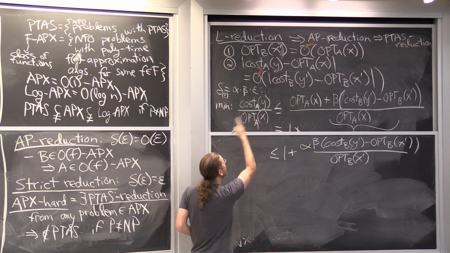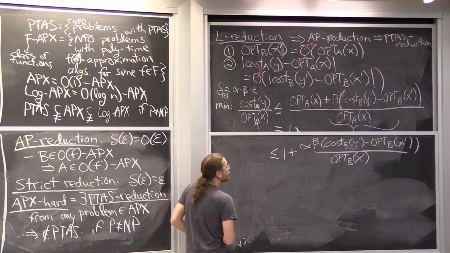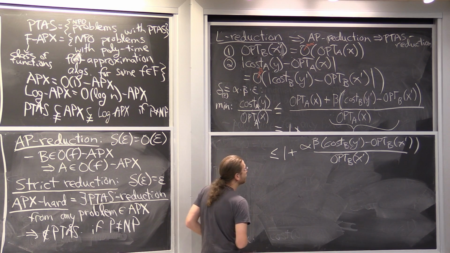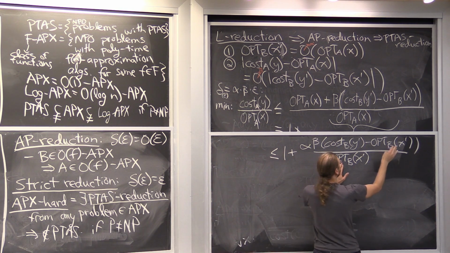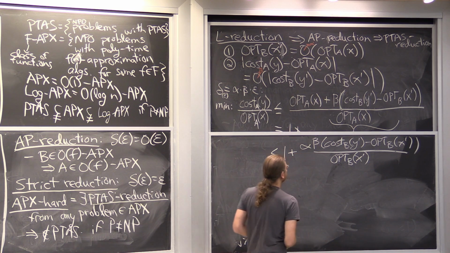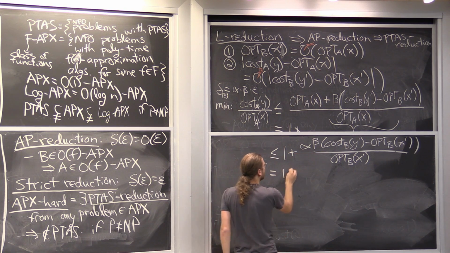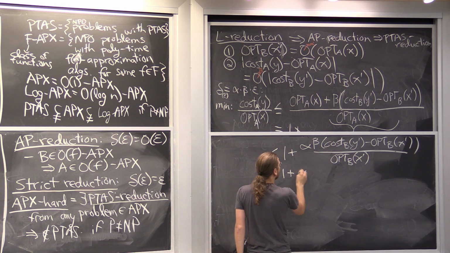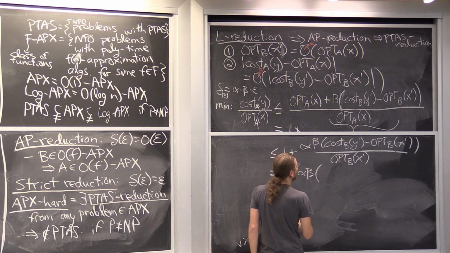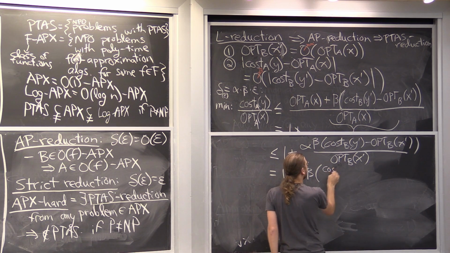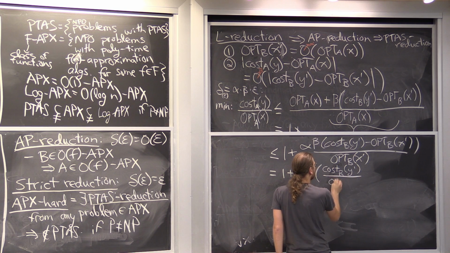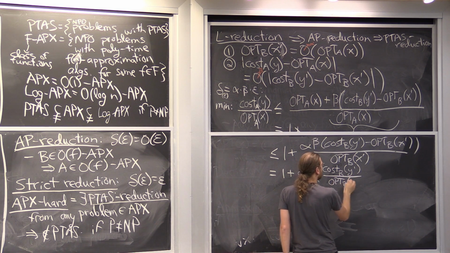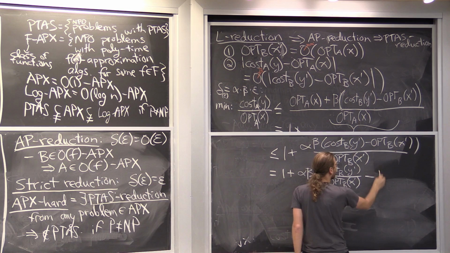We divided by the constant factor there. OK, so what? Well, now this cancels with that. And so this is going to be 1 plus alpha beta times cost sub b y prime over opt sub b of x prime minus 1.